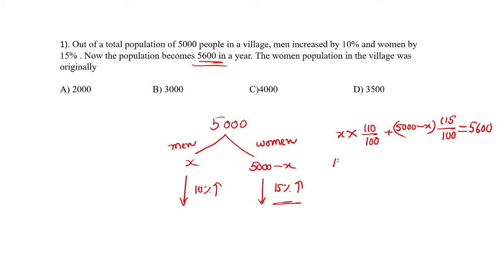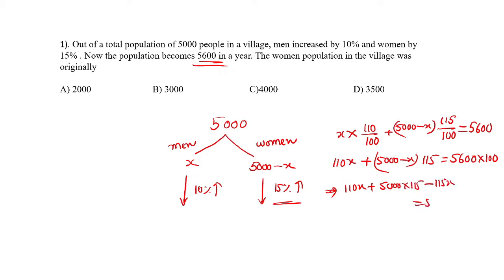Now see, 110X plus (5,000 minus X) into 115 equals 5,600 into 100. That implies 110X plus 5,000 into 115 minus 115X is equal to 560,000.